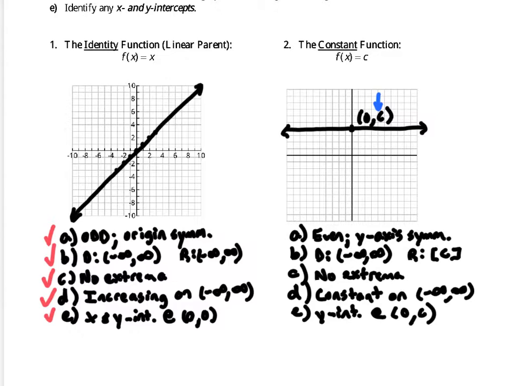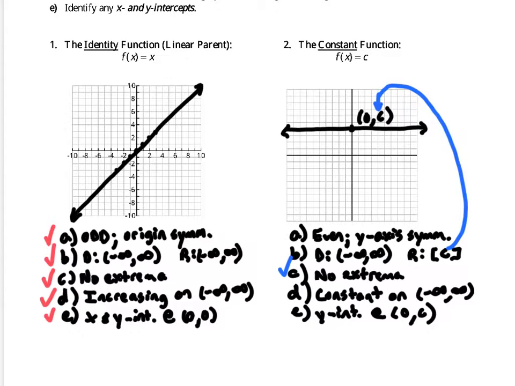Its domain is negative infinity to infinity, and its range is only one value. There's only one value of y that this graph uses, and it will be whatever that value of c is, or its y-intercept. This graph is constant. It does not change direction from increasing to decreasing, so there are no extrema.